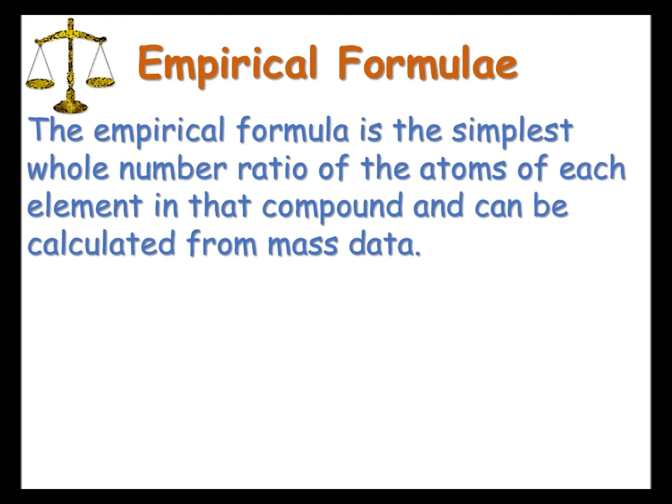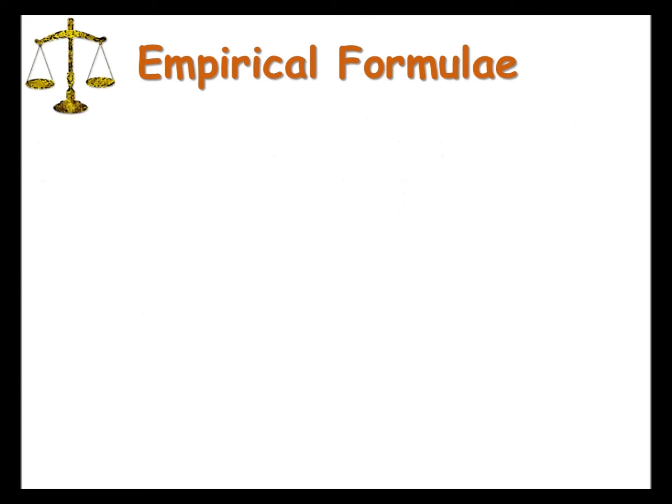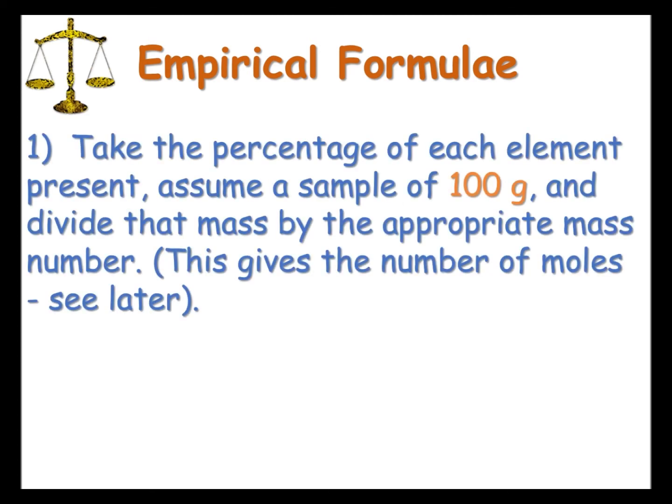Now, empirical formula is the simplest whole number ratio of atoms of each element within a compound. When you have mass data, that's where you can derive this empirical formula. So our method for doing this is we assume a 100-gram sample is present. We'll use the percentages, the percents by mass, and assume a 100-gram sample.